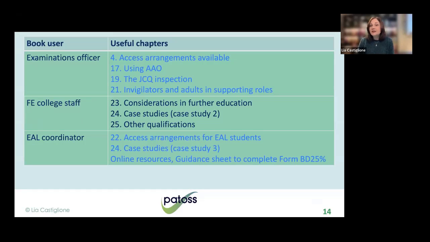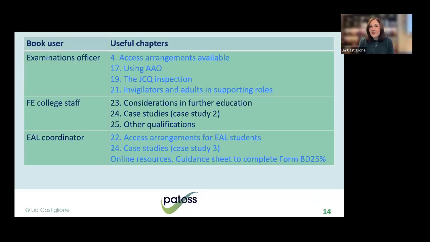So the considerations in further education, Chapter 23. In Chapter 24, the case studies, then Case Study 2, looking at what happens when a candidate changes centre and needs to do the November resit. So there's a couple of different discussions there within that case study. And then Chapter 25, other qualifications that might be used within an FE college.